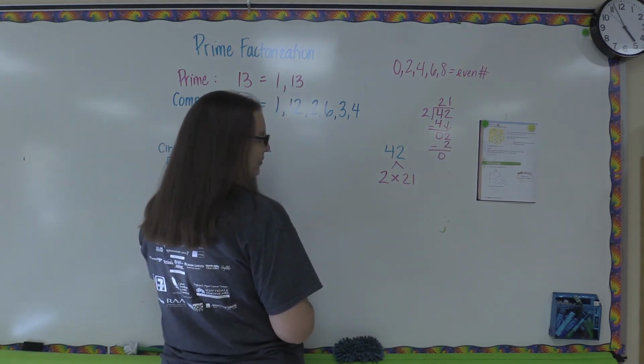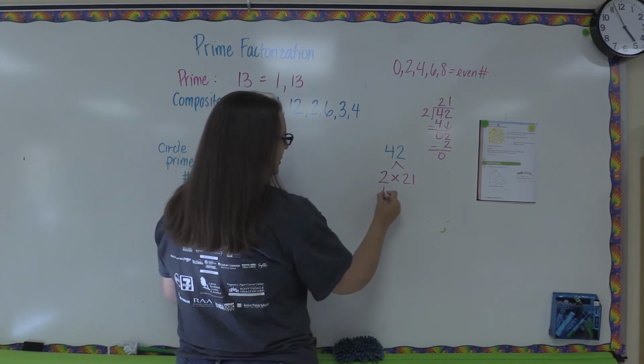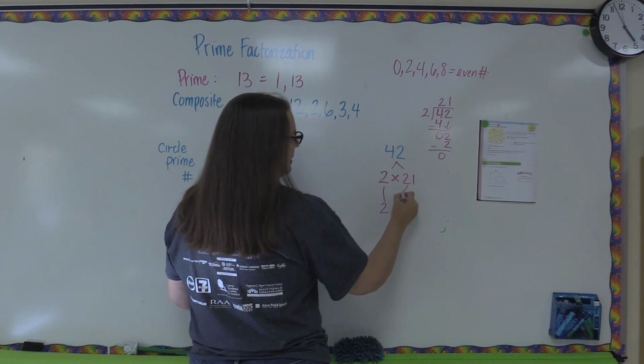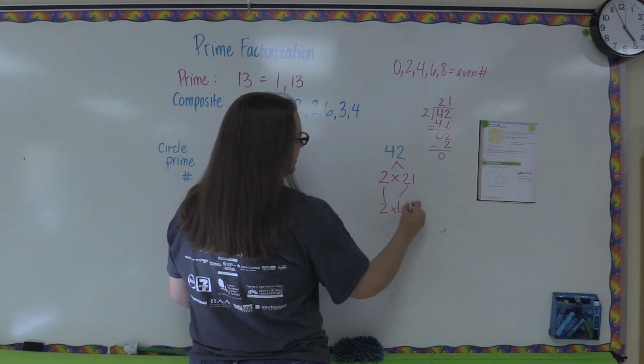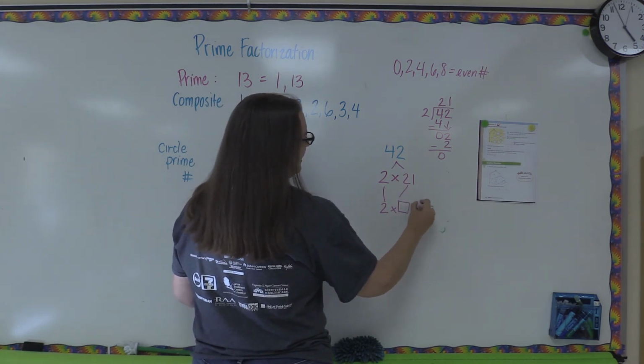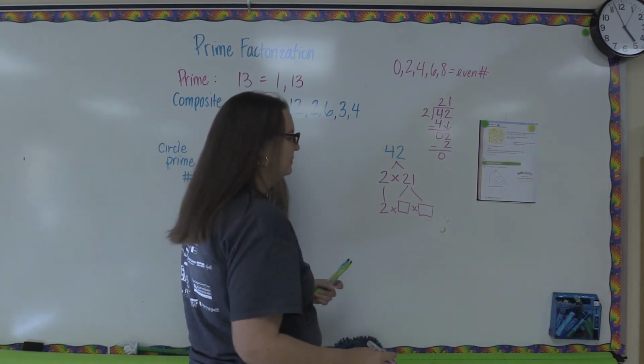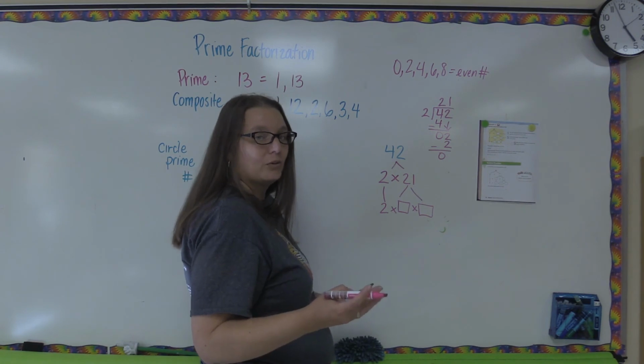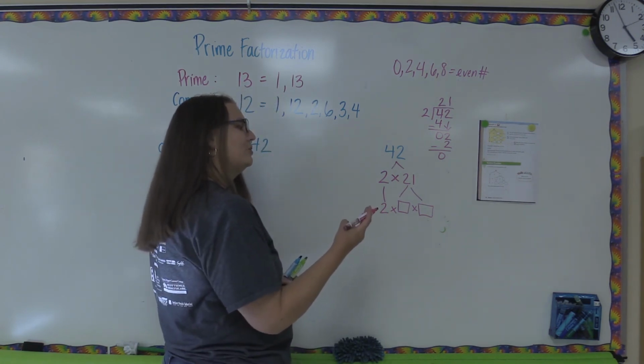Okay? In the book version of events, they want us to bring down this 2, and just keep it as it is because it's prime, right? But now we need to break down 21 into 2 more factors. How can we make 21? Well, it's not divisible by 2 because it's not an even number, but let's try 3. How many 3's fit into 21?